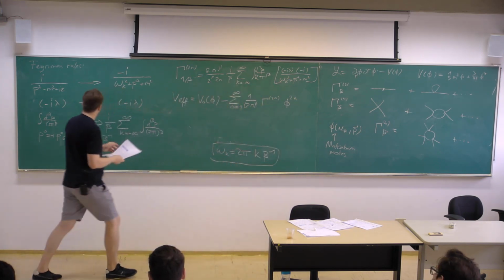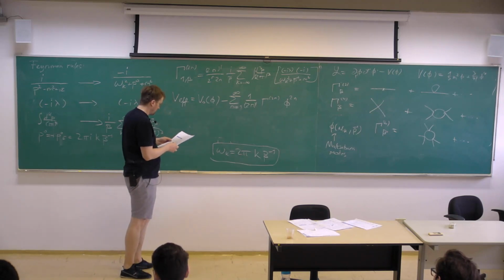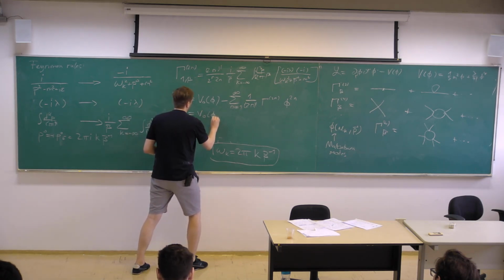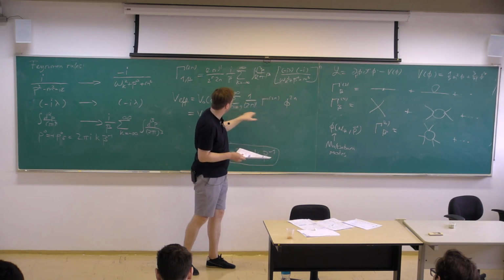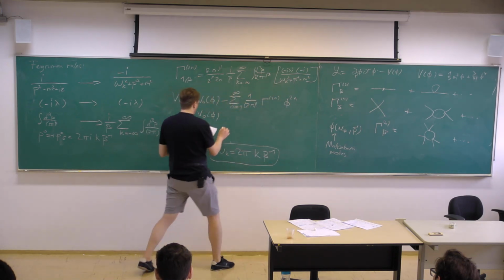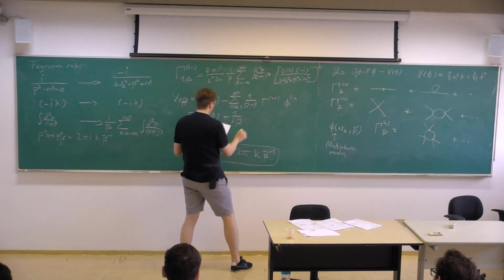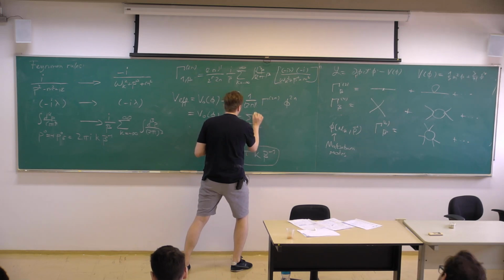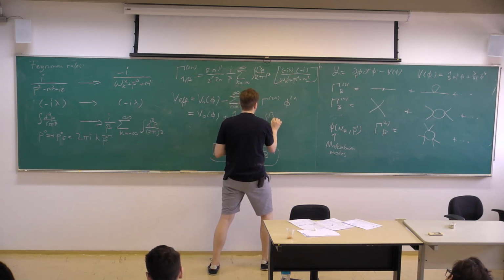This is again the master formula. Now I plug this in here, and I can evaluate the sum, and I get a log as before. Everything is more or less the same, except that now I still have this sum over the Matsubara modes.